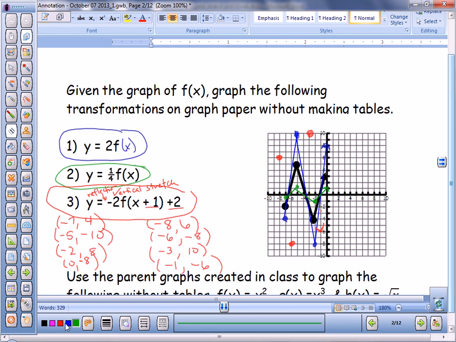And then we connect the dots. And it would look like that. So it's been flipped, stretched, shifted. Are we okay? This stuff's hard.